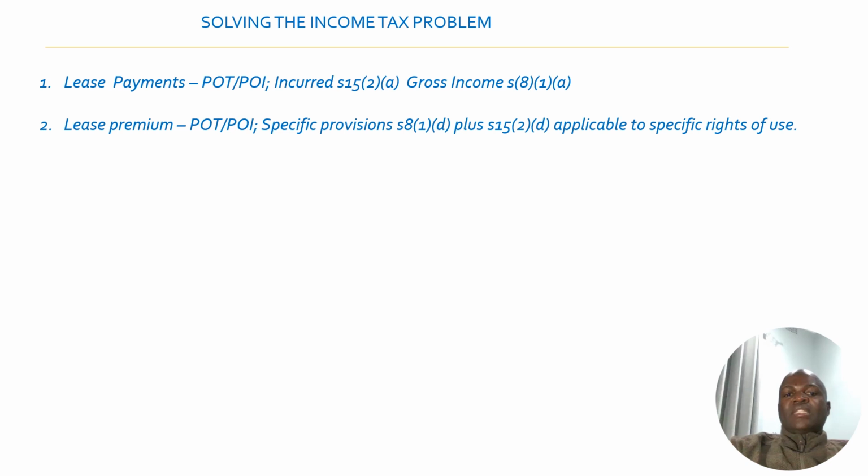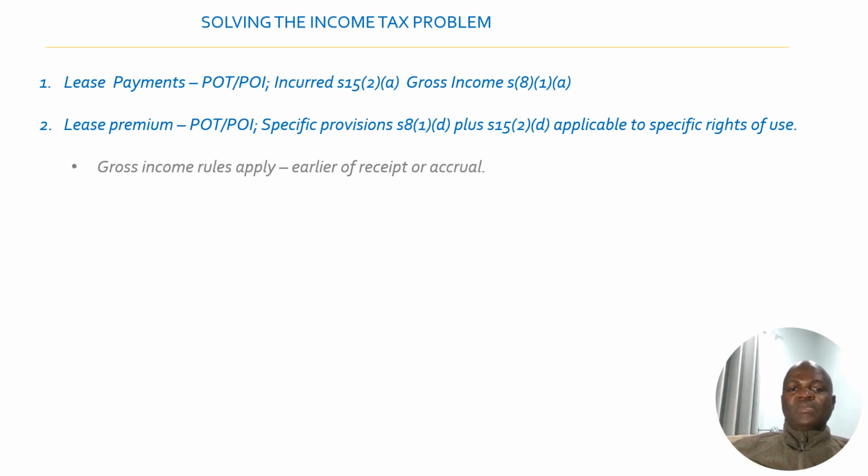In the hands of the lessee, you're still looking at whether it is for the purpose of trade fundamentally, but you also now have a specific provision that provides further clarity, which is section 15.2D. Section 15.2D is about how you treat a lease premium. So for gross income, the general rules apply: earlier of receipt or accrual.